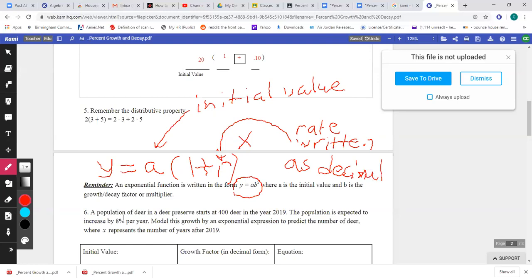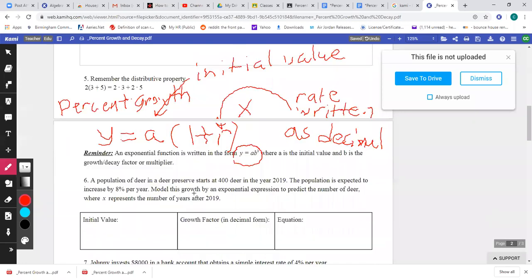And that's what happens when you have what's called percent growth. Percent growth is if something is increasing by a percent every year. It's what we're experiencing now with the coronavirus, right?